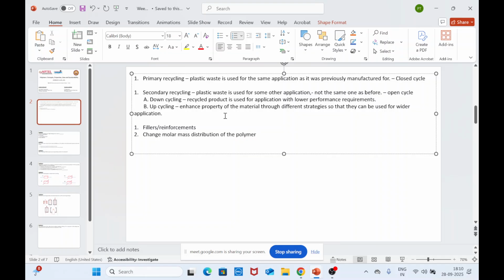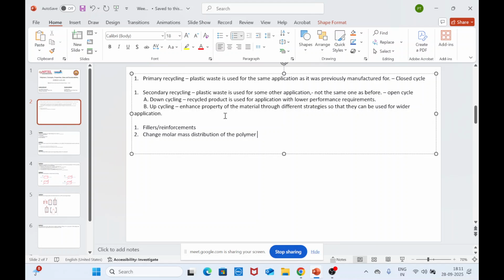Once the molar mass distribution of the polymer changes, if you remember the concept that we discussed in the very first or second live interaction session about the polydispersity index, the ratio of weight average molecular weight to the number average molecular weight, once you make that polydispersity index closer to 1, then the processing of these polymers will be quite easier.